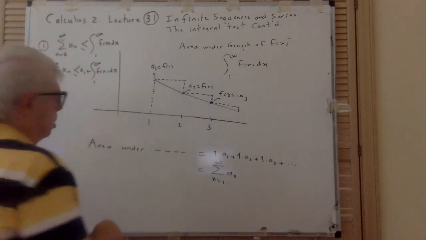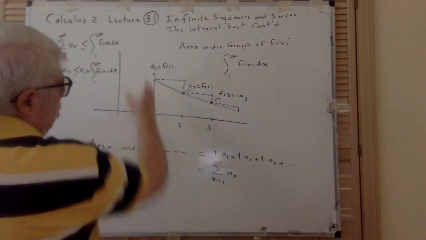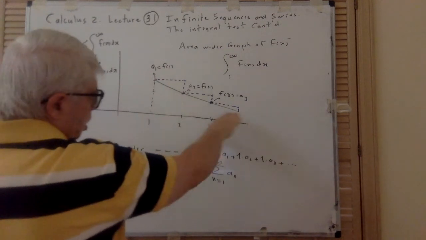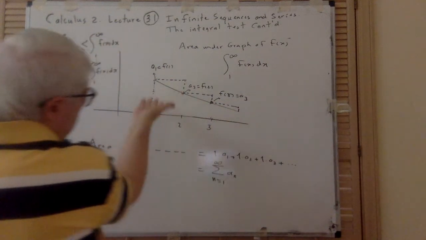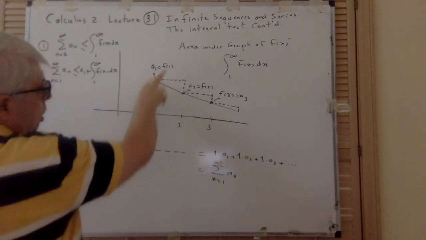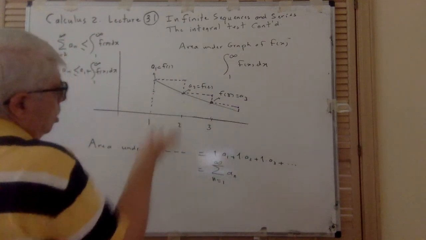So what's the relation? You can see from this picture at least that since this is decreasing, and the decrease goes to 0, it's not going up and down. So if we're decreasing this way, it makes it concave up.